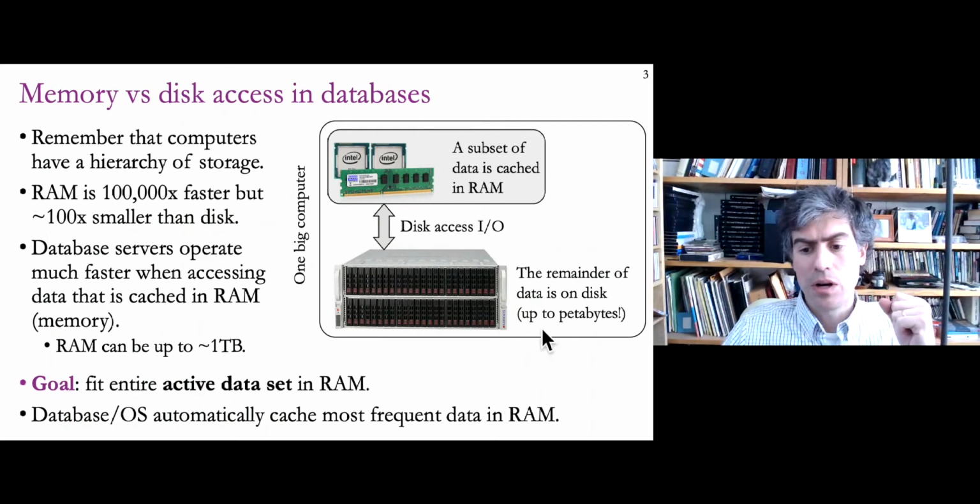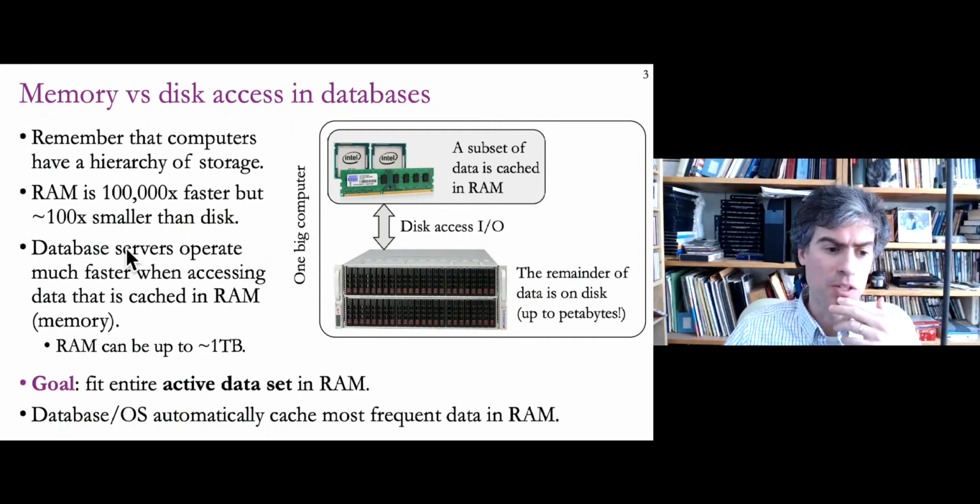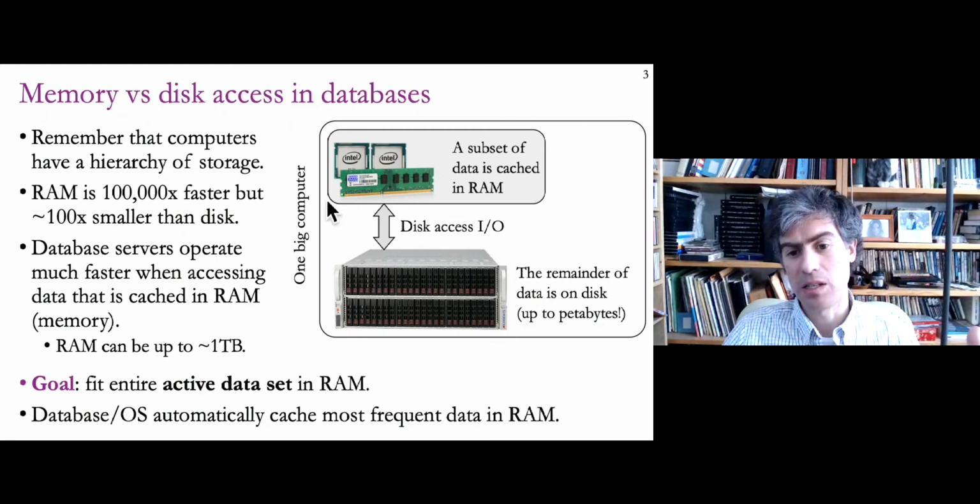So when you're using a database running on a machine like this, you would want to store as much of the data you're using as possible in RAM. So by caching the data that's stored on disk, you need the data to be on disk so that it's persistent, because when you turn off the electricity to this machine, anything in memory will be lost, whereas disks are persistent devices that store data without electricity.